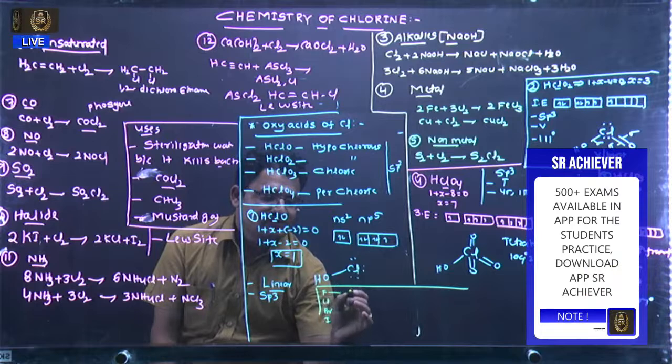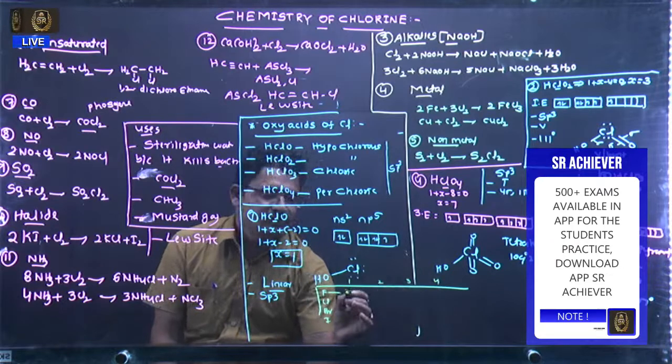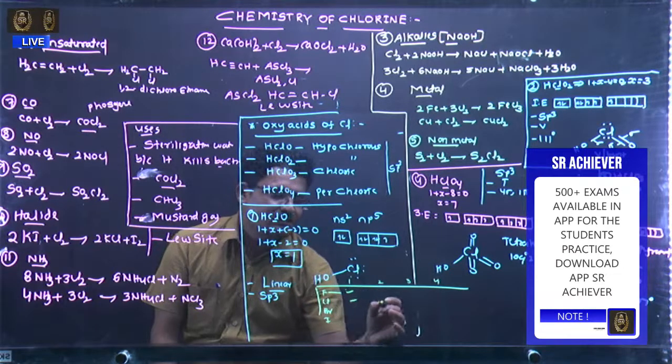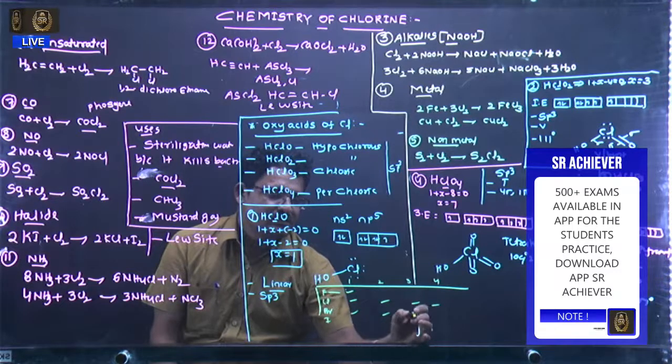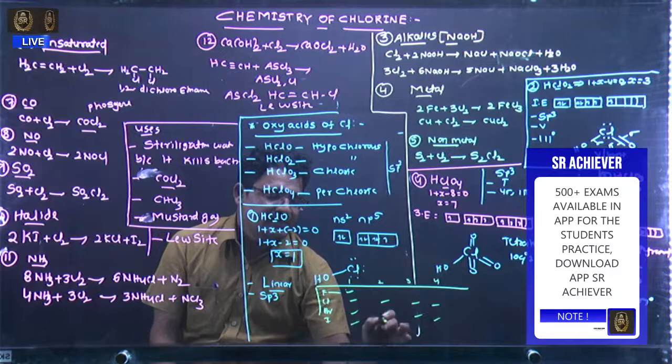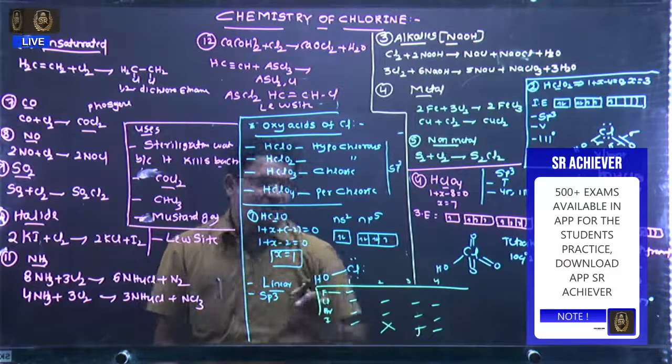Chlorine forms hypochlorous, chlorous, chloric, perchloric. Bromine forms hypobromous, bromous, bromic, perbromic. Hypoiodous cannot be formed. So this is what happened completely.